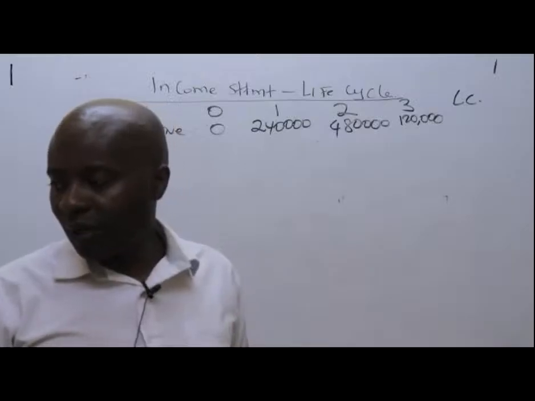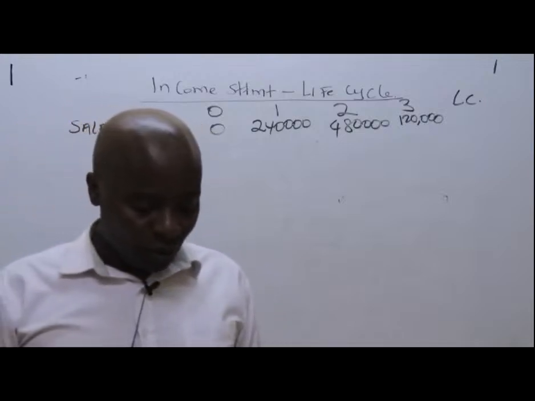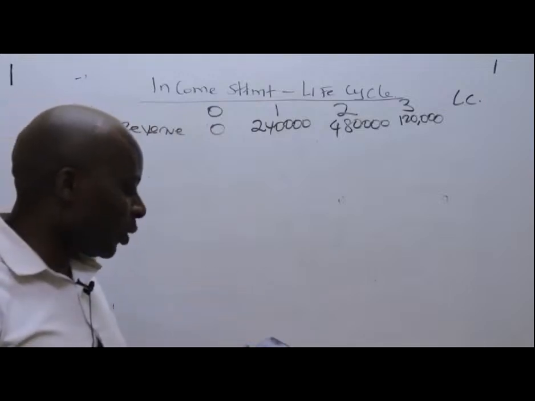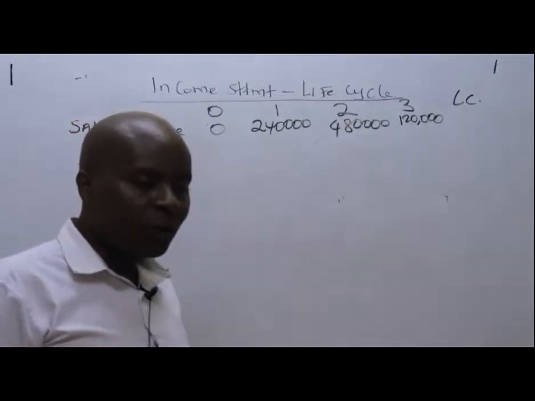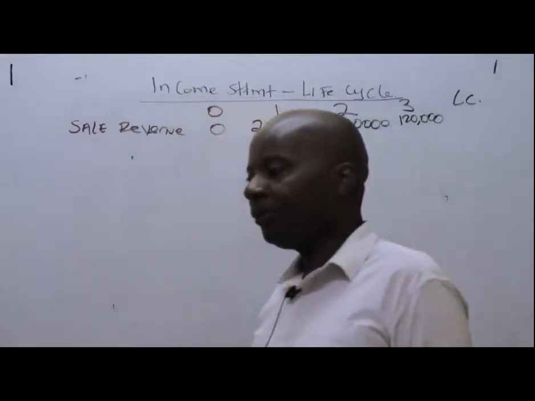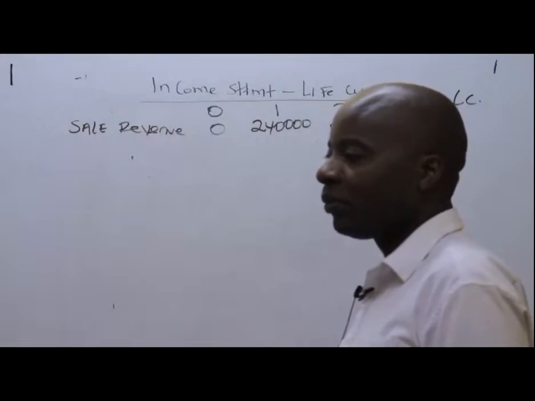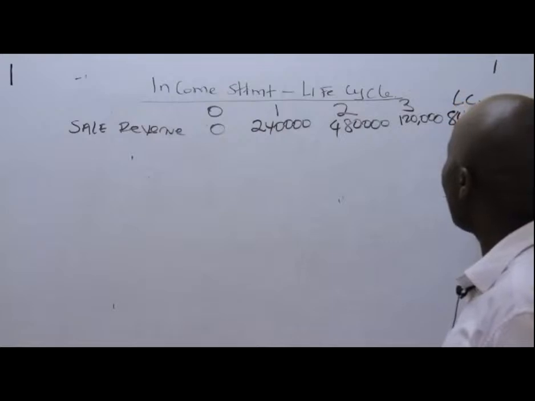You add: 0 plus that one, plus that one, plus that one. What figure do we have here for the life cycle? $840,000.